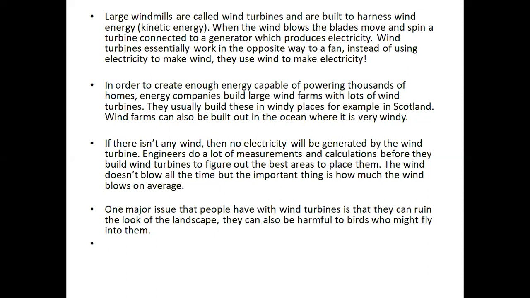Wind turbines essentially work in the opposite way to a fan. Instead of using electricity to make wind, they use wind to make electricity in order to create enough energy capable of powering thousands of homes.